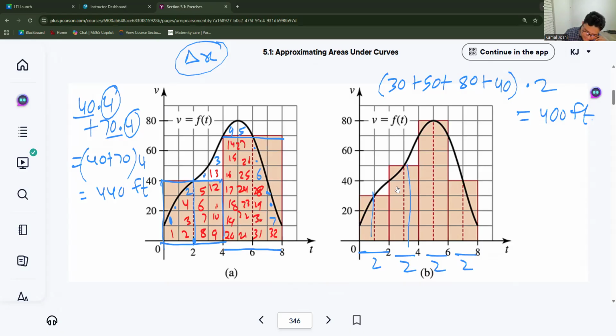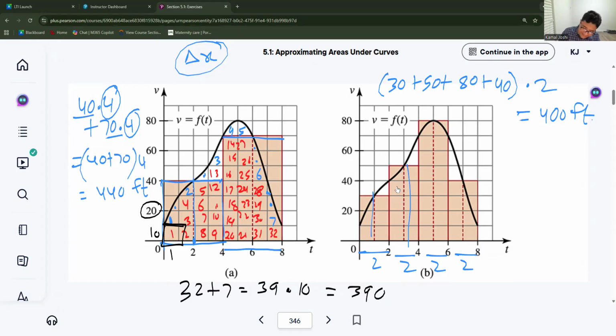So you have a total of 32 plus 7 equals 39 squares. Now I need to multiply that 39 by the area of each square. Now what is the area of each square? The scale here is 20, so that's 10 for one box. The height is 10 and the width is just 1, so times 10, 390.